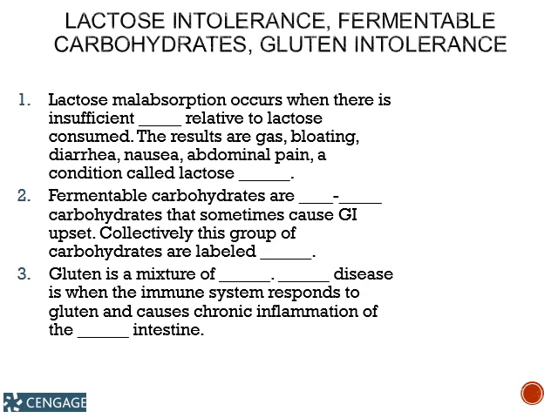That's the answer, folks. Okay, lactase. You said lactase, you're correct. The results of lactose malabsorption are gas, bloating, diarrhea, nausea, abdominal pain, and is a condition that is called lactose intolerance.